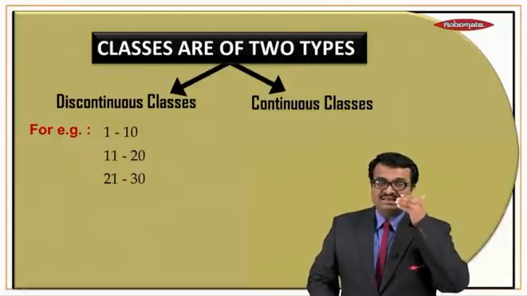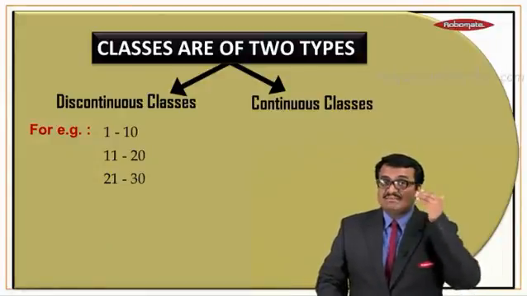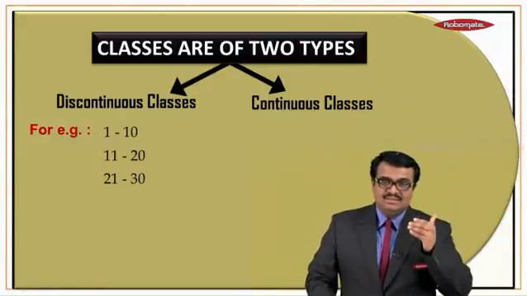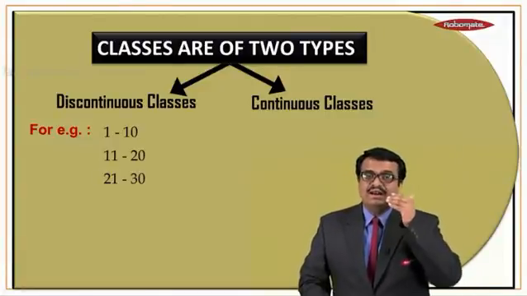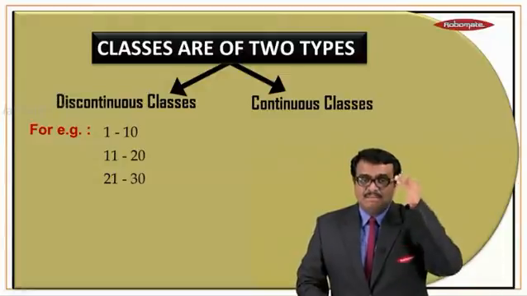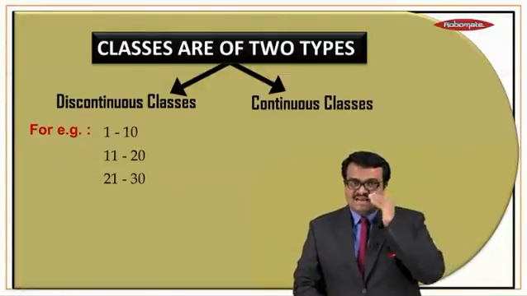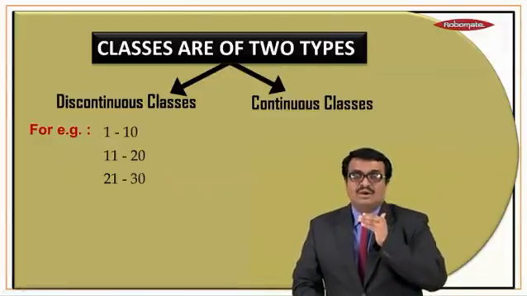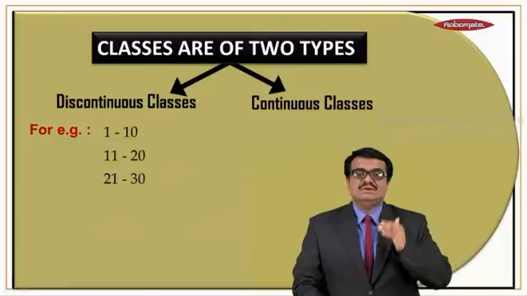Where the first class ends, 1 to 10, it ends at 10. The second doesn't start from 10, it starts from 11, 11 to 20. The second ends at 20. The third doesn't start from 20, it starts from 21. So, can you see there is a break, there is a discontinuity here. The first one ends at 10, the second starts from 11. There is a break here. Okay, there is a discontinuity. That is why these types of classes are called discontinuous classes.